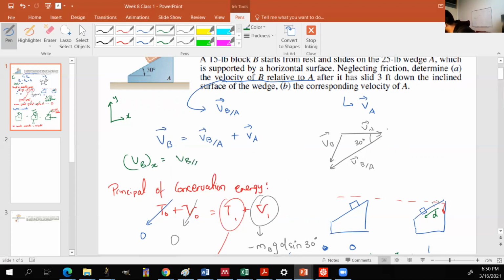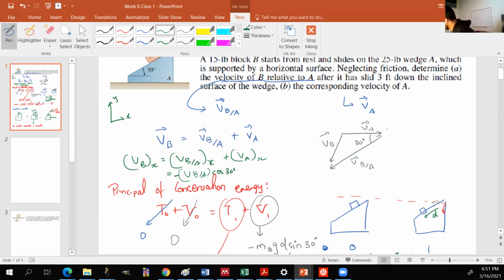So you have VB relative to A in the X direction, plus VA, whatever the X component is. The VAX component we know is just equal to VA. That guy's horizontal. The VBAX component, if I write this out absolutely, is going to be my unknown that I'm treating here, VBA, and it's in the negative direction, so it'll be minus VBA cosine 30 degrees.